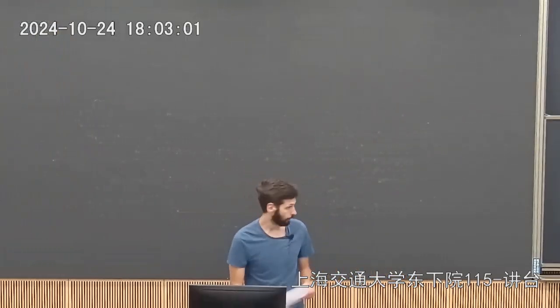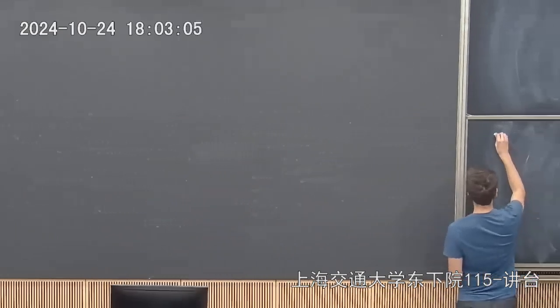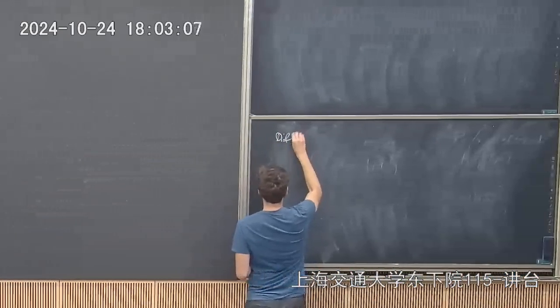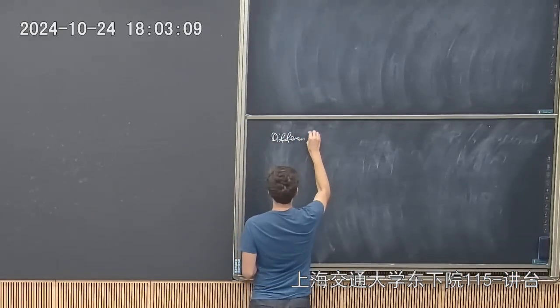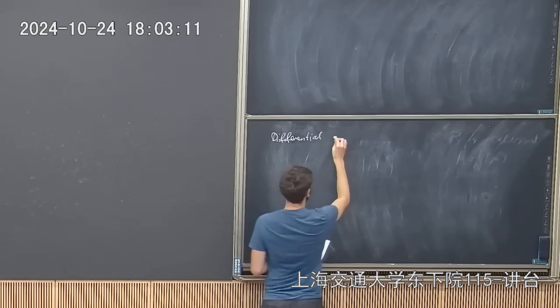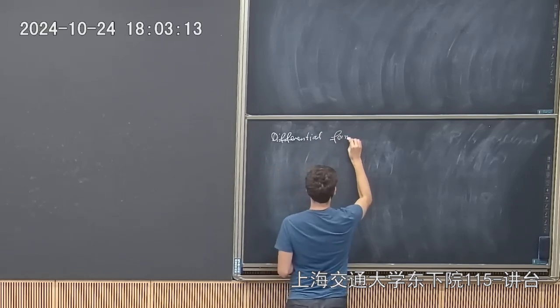As a first part, I would like to discuss how differential forms look on an open subset.